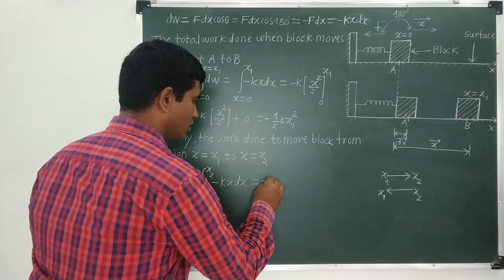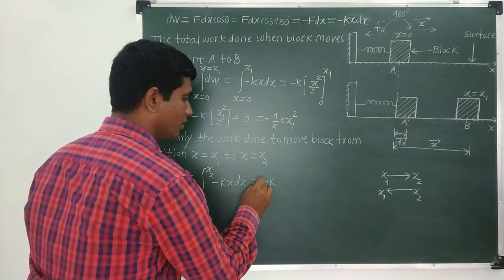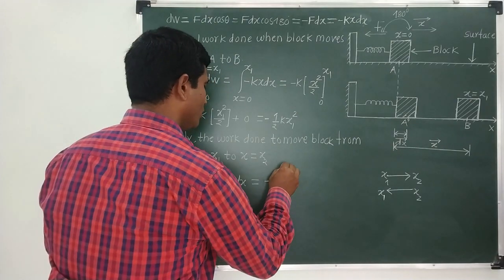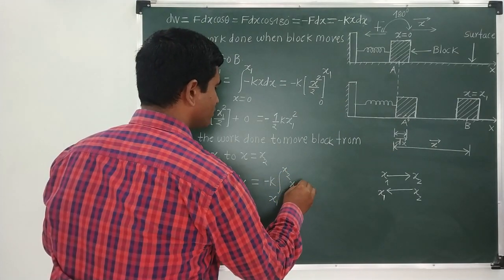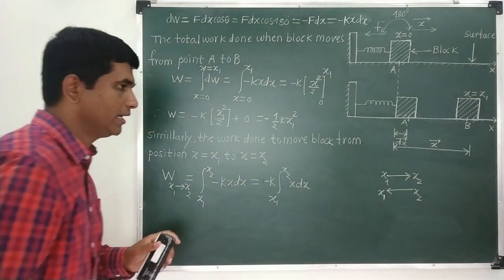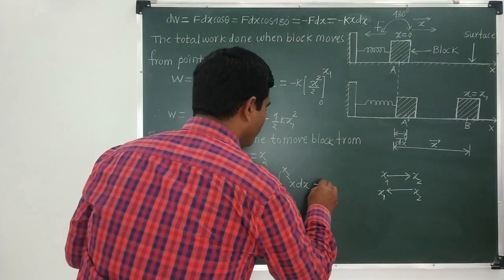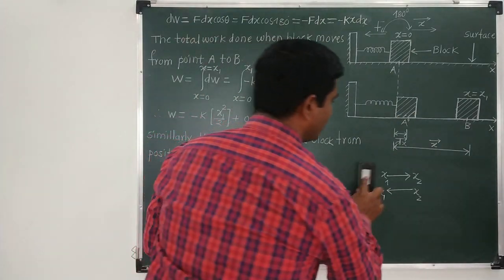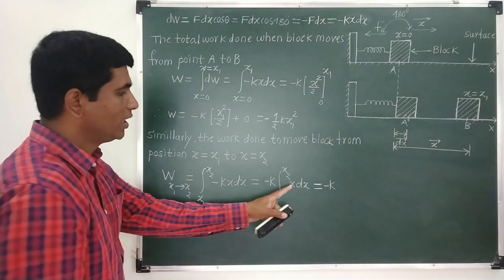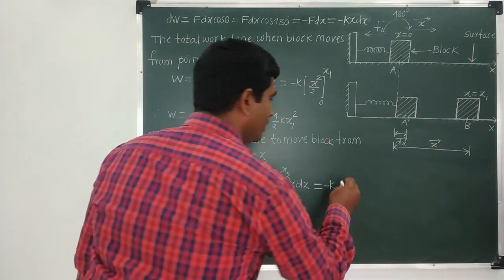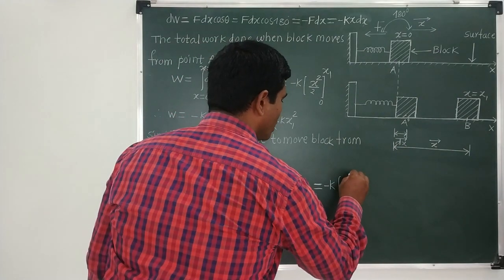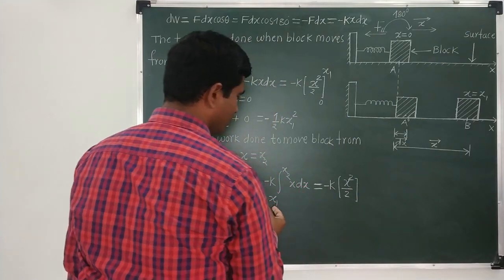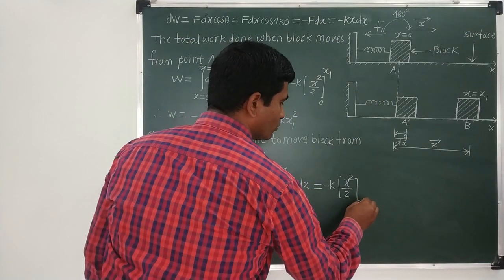Minus k is constant, so we take it outside. So this will be minus k times the integral from x1 to x2 of x dx, which we rewrite as minus k into the integral of x, which is x square by 2, with limits of integration from x1 to x2.